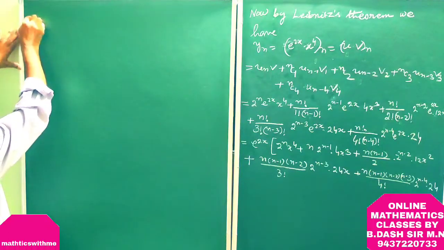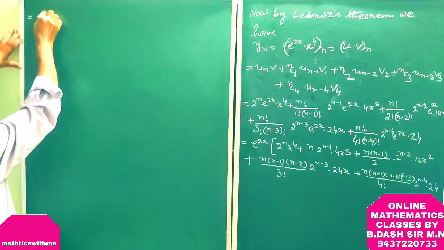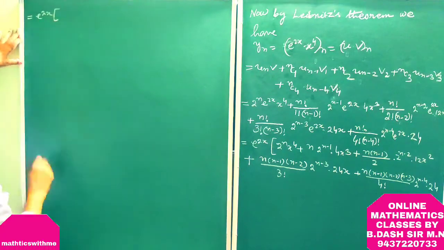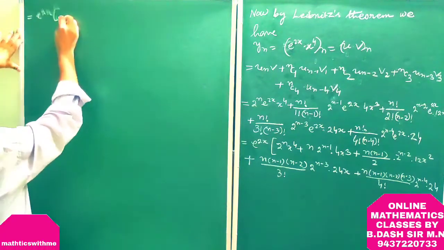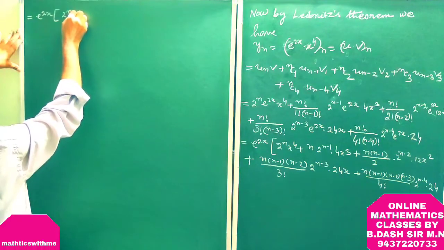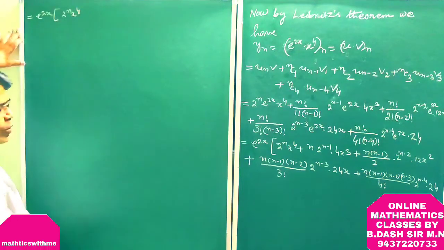This equals e to the power 2x, then 2 to the power n x to the power 4.